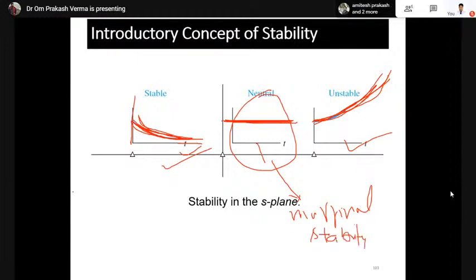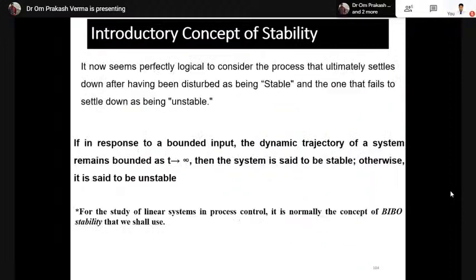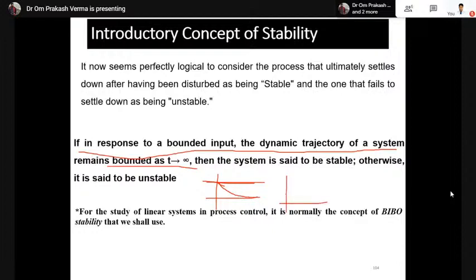So we have defined the definition. The definition becomes: if, for a bounded input, the dynamic trajectory of the system remains bounded as t tends to infinity. Bounded means it is a bounded signal, and the response is also bounded. However, this response is not bounded.